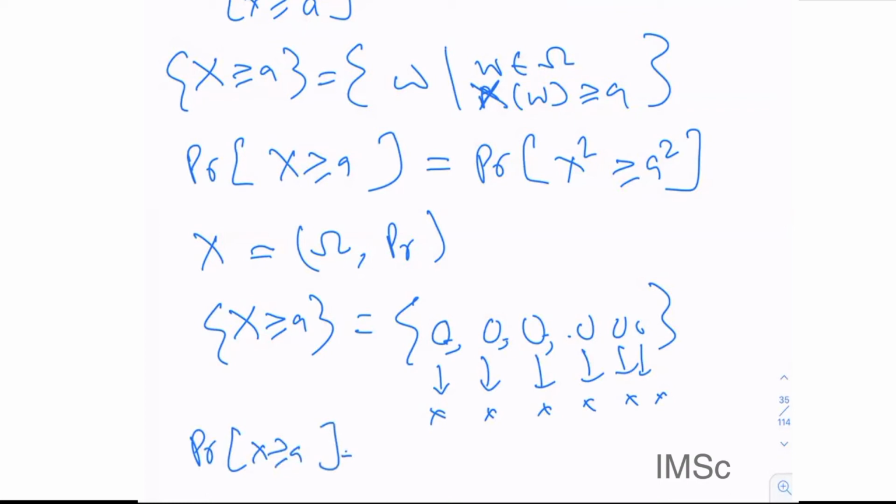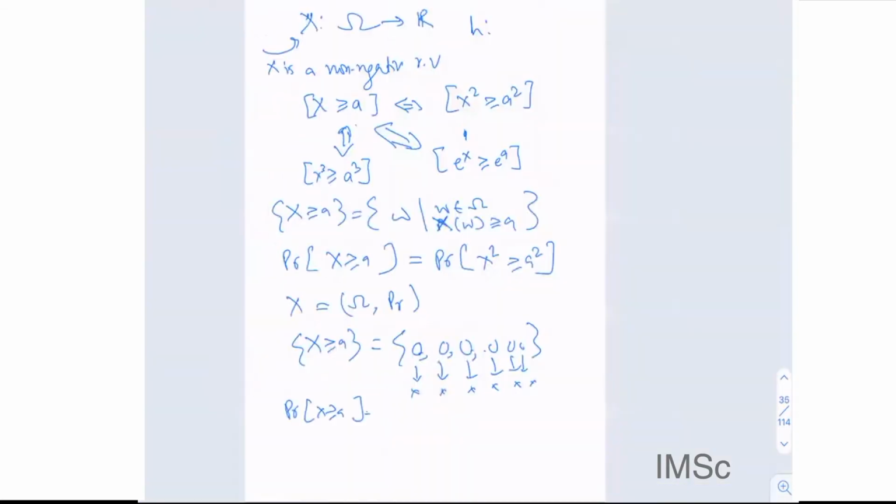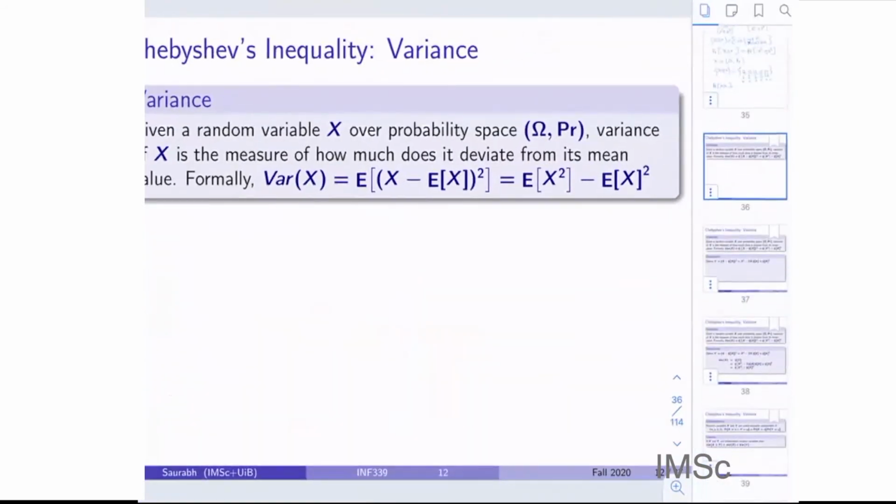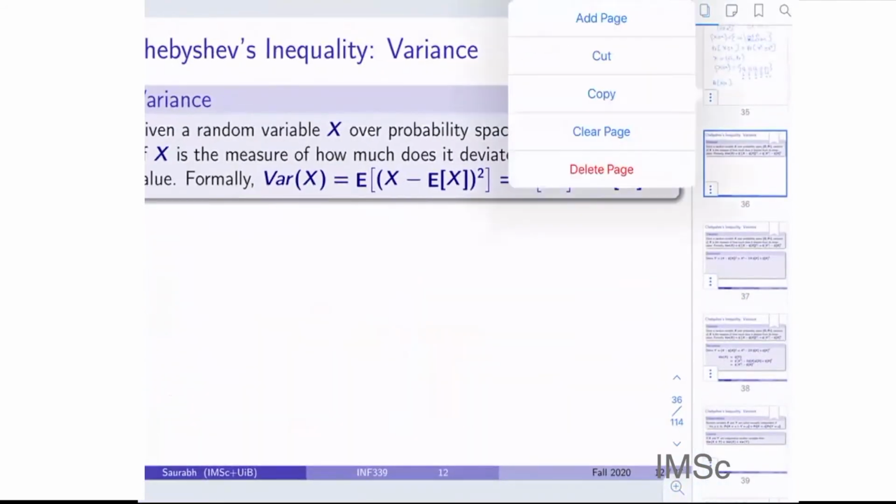Now I want to say, as an object, I am asking myself, what is x square greater than or equal to a square? What will this correspond to in my omega world? I'm not trying to confuse, but rather trying to show this great thing which happens in all these inequalities.